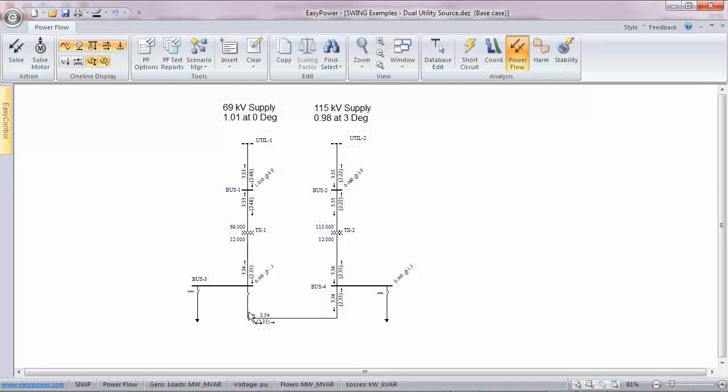As long as you model it back to the common point where both of these are connected, you can tie them together in your model. Okay, you see what I mean? You have to go back to the common point where they're tied together and simulate the transmission line and the feed into your facility. But if you have these two separate like this on a complete separate part of the network, 169 and one on 115, you definitely do not want to tie them on the inside of your facility.